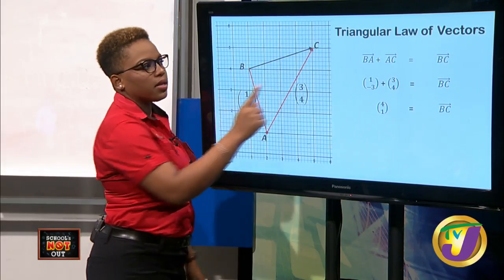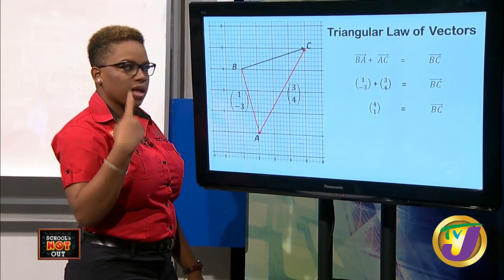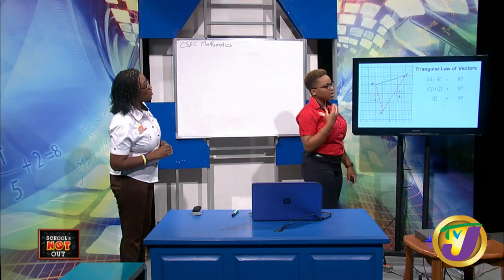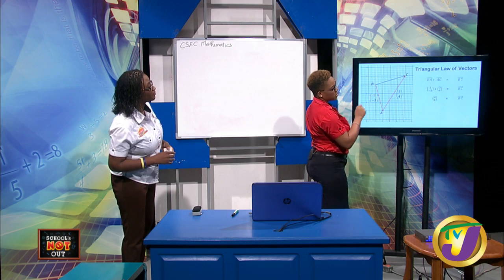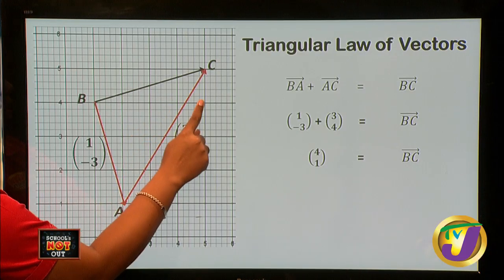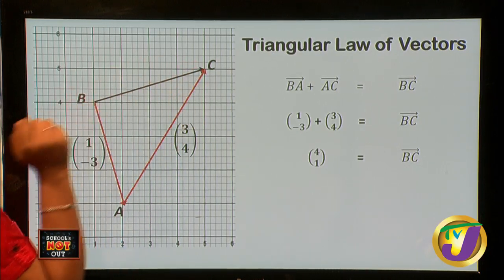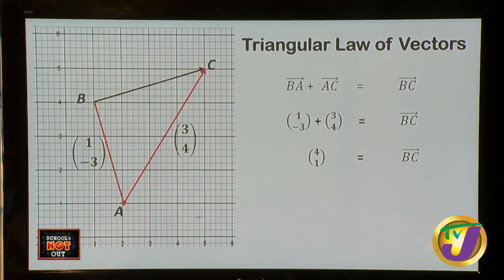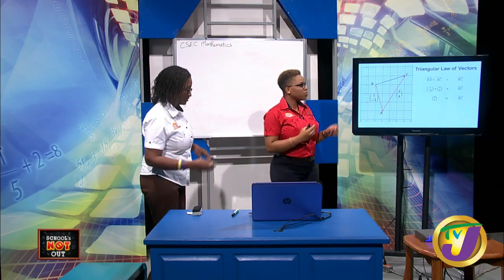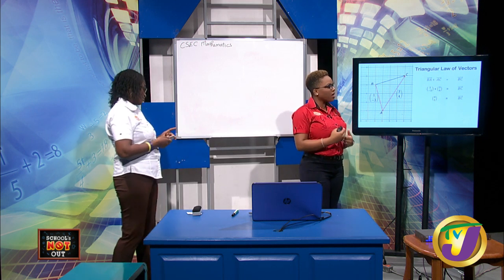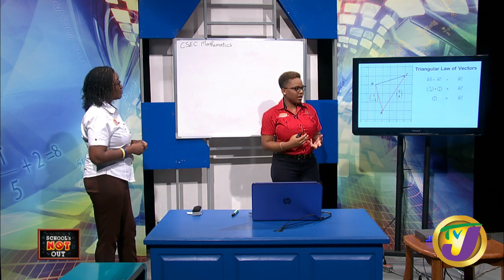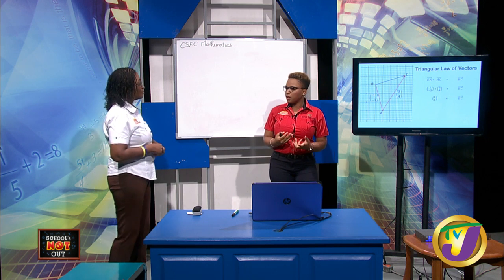Thank you. And I went upward to C, which is also a positive movement. How many units up did we go? 1. So 4 to the right, and then 1 upward. Beautiful. We were indeed correct. So whether you use a grid or addition, your answer should be the same when finding the resultant vector of two or more vectors. All right.